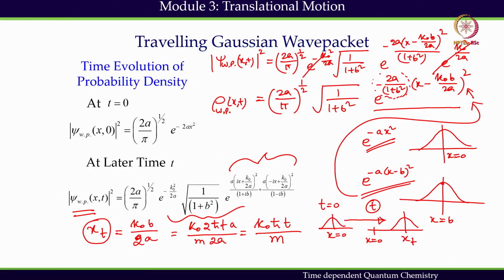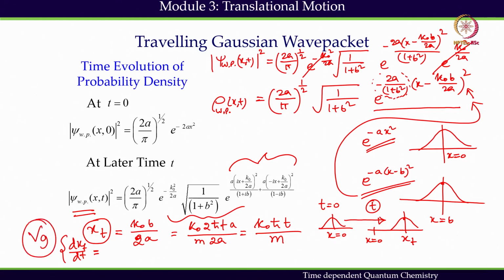And if x t, the center of the Gaussian, is traveling this way, then I can find d x t d t. The center of the envelope is changing, the envelope function is propagating. Now d x t d t gives the velocity of the envelope, and the velocity of the envelope is given by the group velocity.